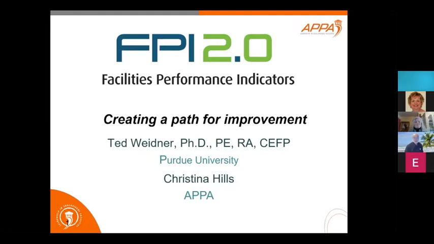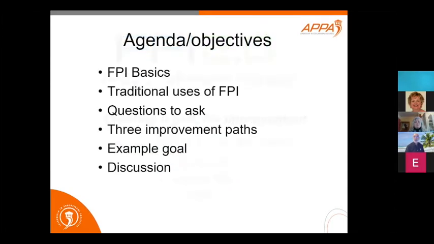So the goal of this session is to present to the attendees the basics about FPI, how FPI has been used in the past, and how Christina has modified it to make it better. We'll look at some traditional uses of FPI because it's been around for a while.